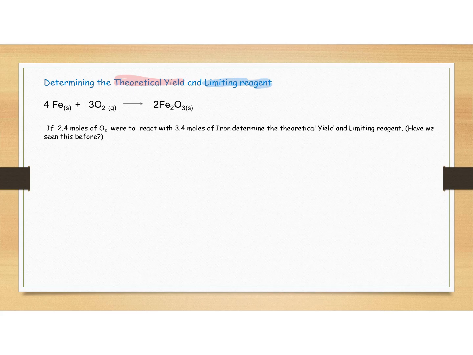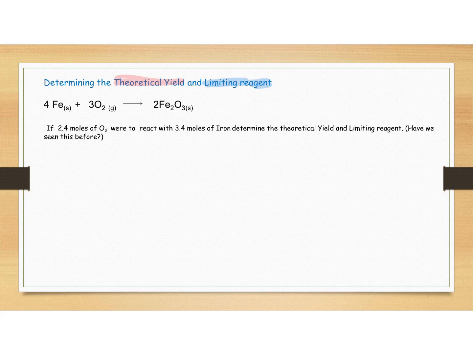Okay, so if 2.4 moles of O2 were allowed to react with 3.4 moles of iron, determine the theoretical yield and limiting reagent. Have we seen this problem before? Right? If you flip back through your notes, you'll see we did this exact same problem with the exact same numbers. Okay? But in this case, I'm going to ask you, what is the theoretical yield and what is the limiting reagent for this particular reaction?